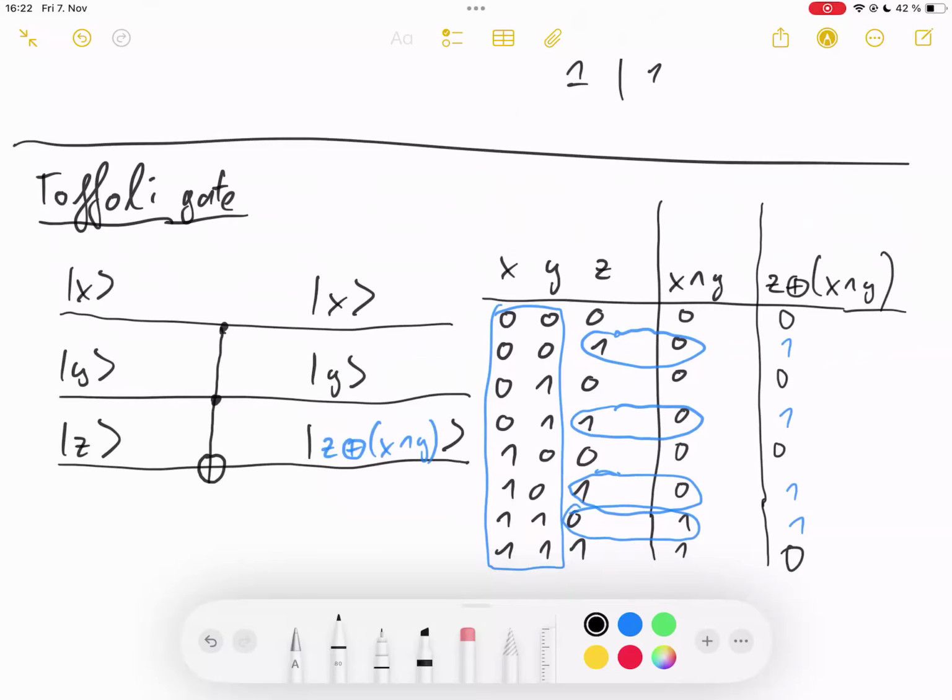Since it has 3 inputs and 3 outputs, what do you think is the size of the matrix with which we can represent the Toffoli gate? You can send this in the chat. It's a certain number by certain number matrix.